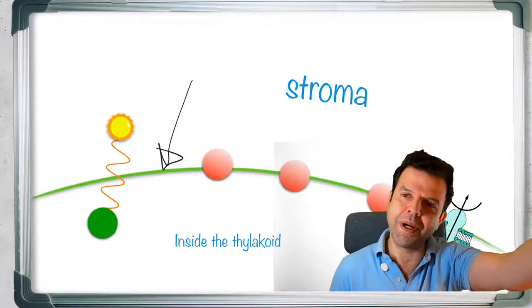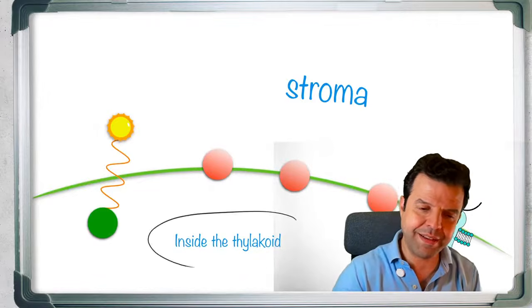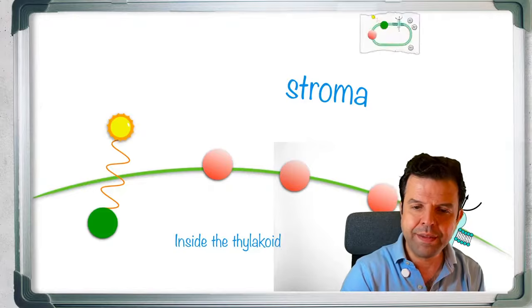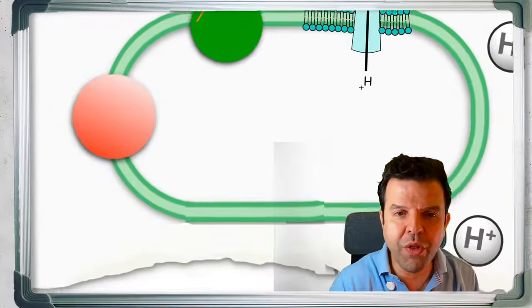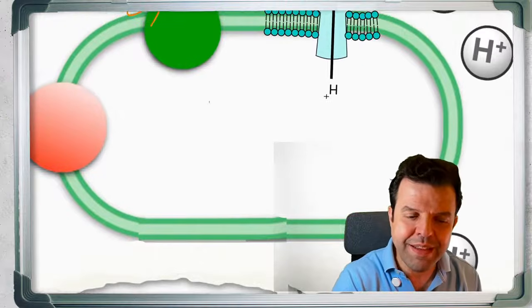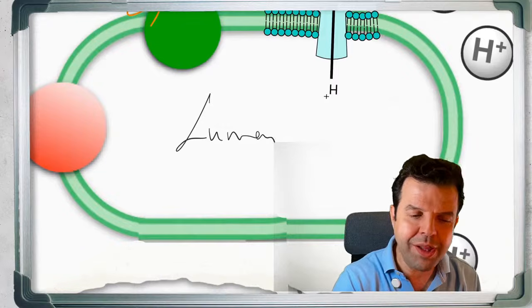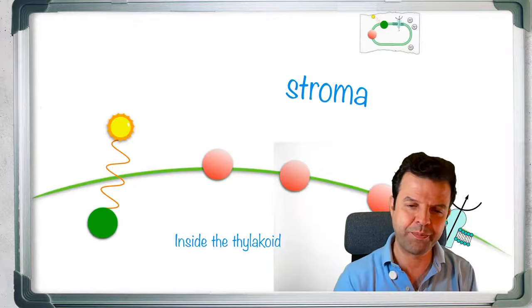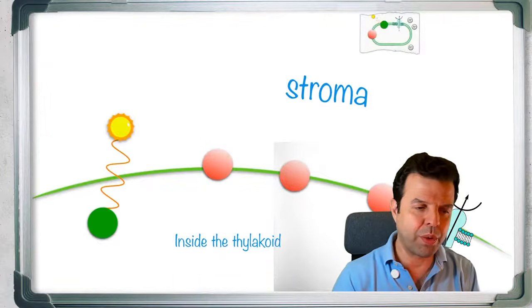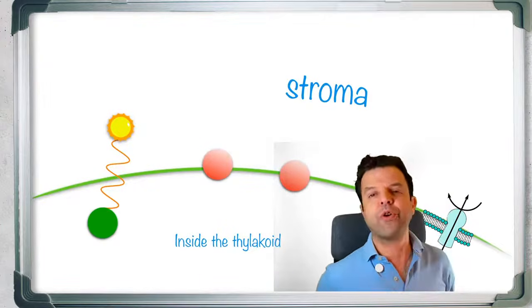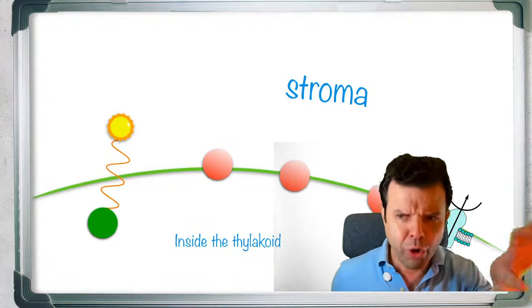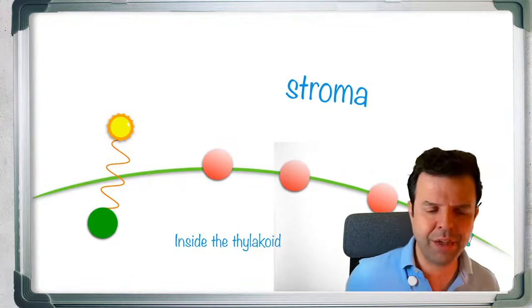Outside is the stroma. Inside is that thylakoid membrane. Again, this is one of the thylakoids. That's the lumen we call. That is the membrane. And I'm outside. Okay? So it's called light reaction for a reason, because the light is gonna hit chlorophyll inside or on those membranes.